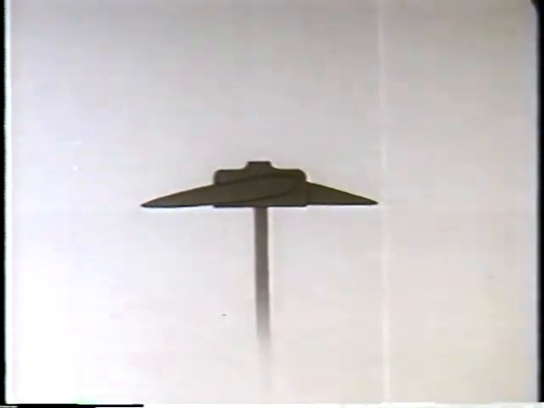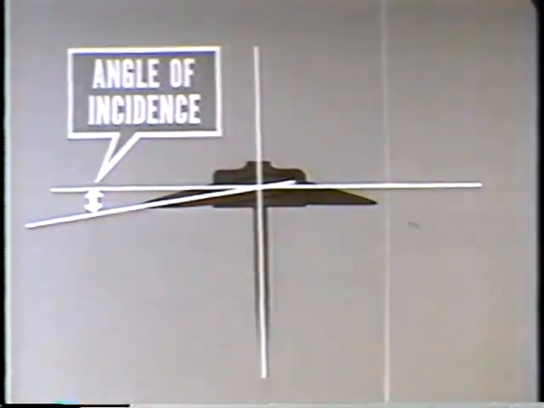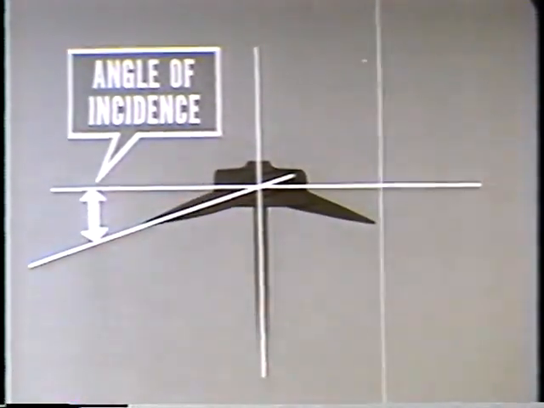In broad terms, the angle between a reference line of the helicopter and the chord line of the airfoil is called the rotor blade's angle of incidence. A variable angle of incidence enables a pilot to vary his angle of attack.